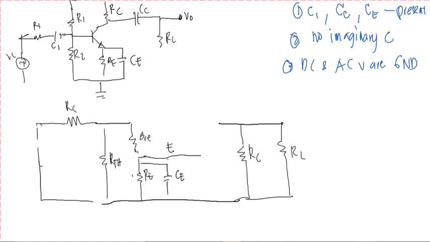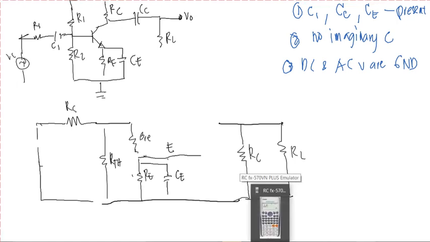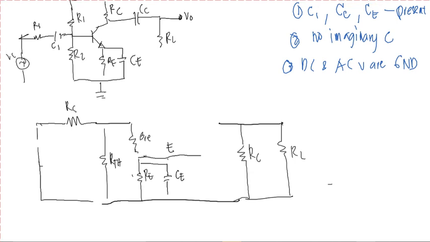DC and AC voltages are grounded. And then, of course, as I said, it is just an open source. So take note, we have three capacitances. Okay, I am missing something, so I have to erase this part. So we will have your capacitances, particularly your C1, and then another capacitance here, and this is your CE.